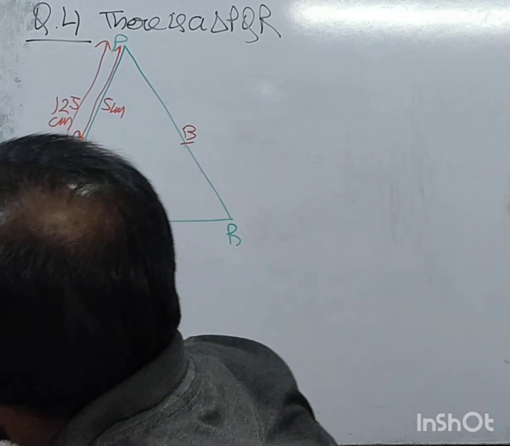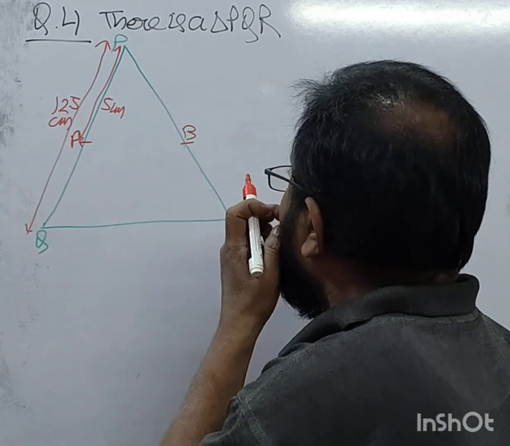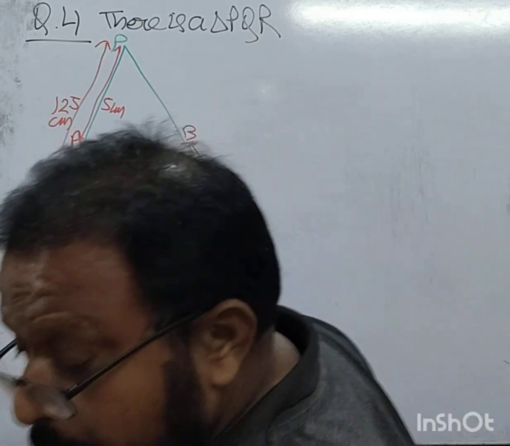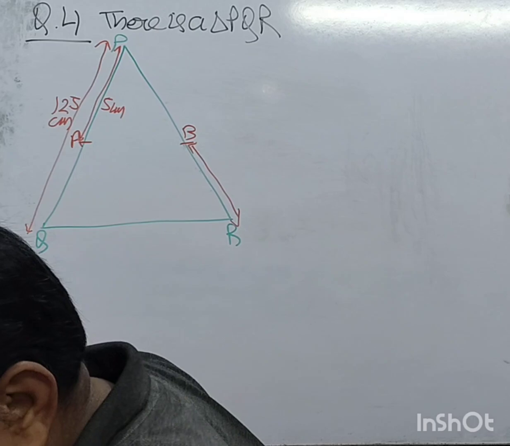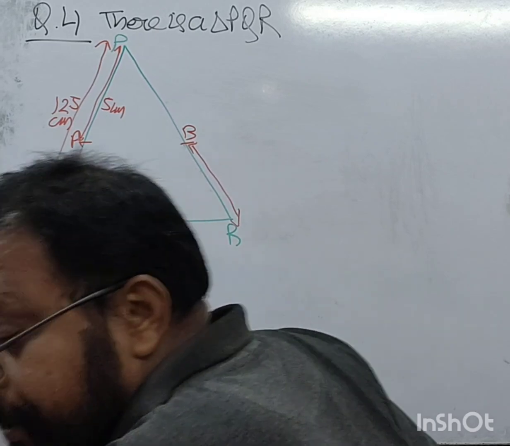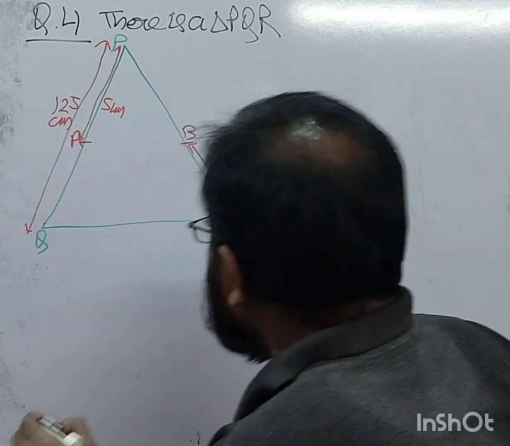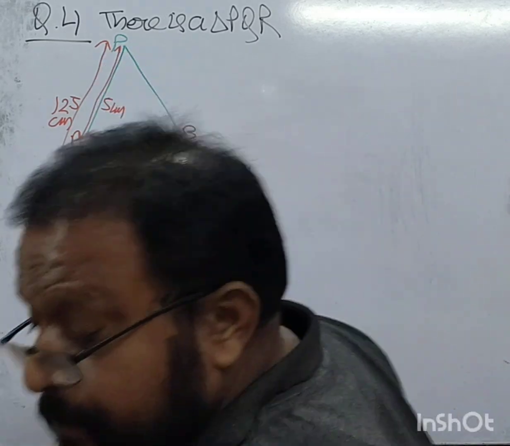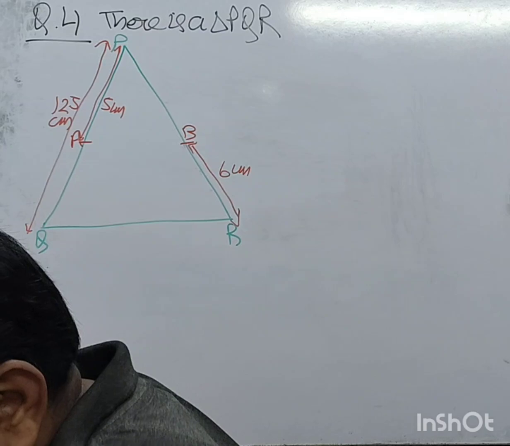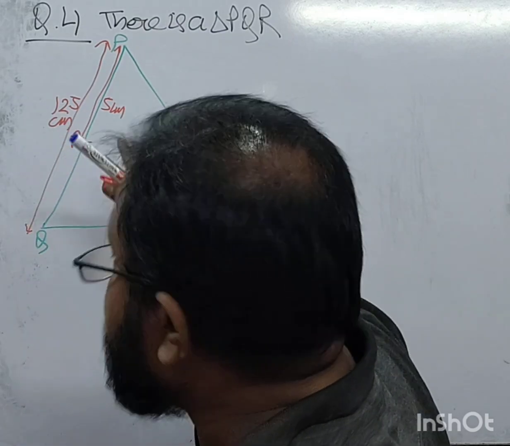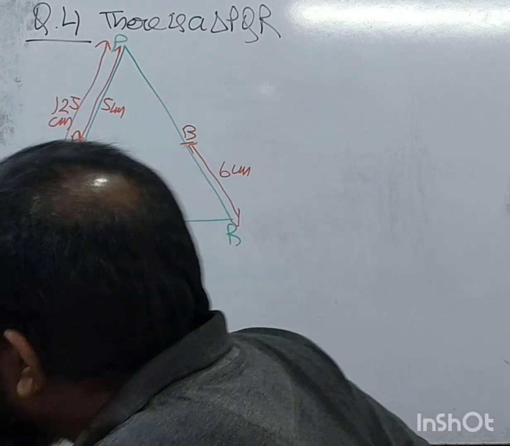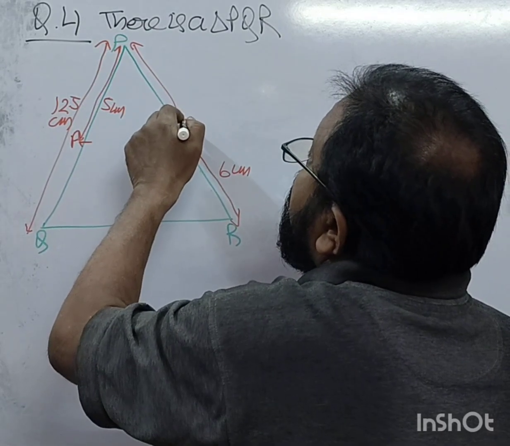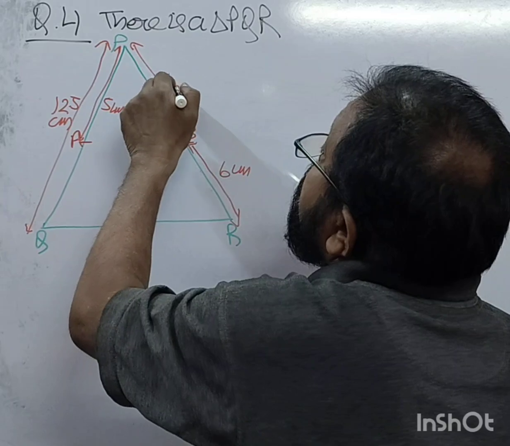And BR is 6 centimeter. And PB is 4 centimeter.